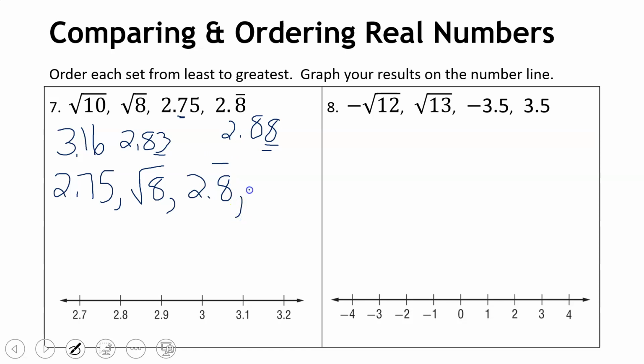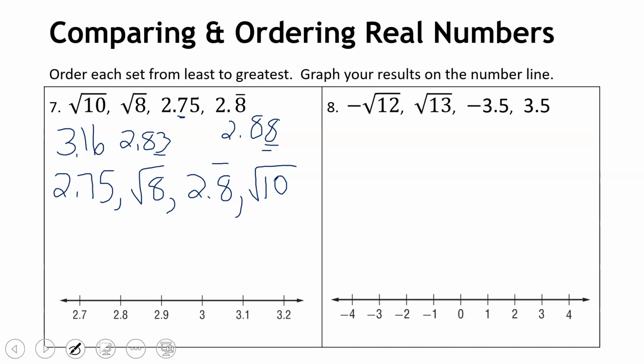And then finally, the largest of the set is the square root of 10 because that approximation is 3 1600. You'll notice that the directions also say to graph these on the number line.